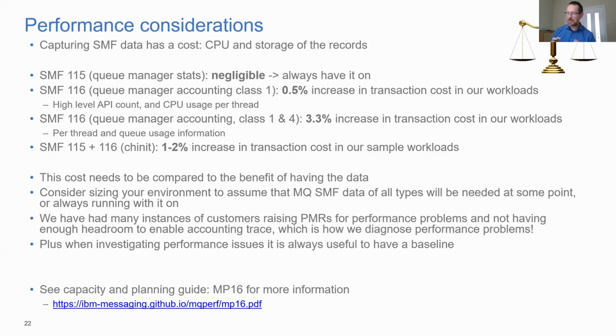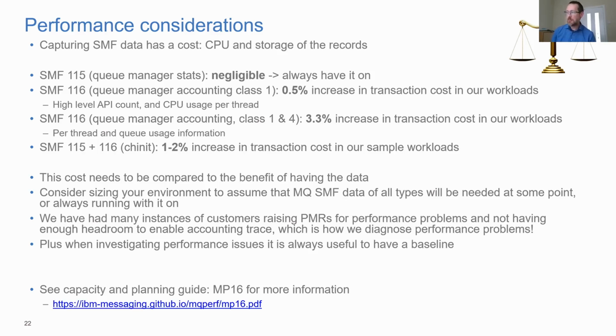The thing is, you need to bear in mind that if you don't have this data, it is often really, really hard to understand what's going on. So when sizing a system, try and bear in mind it's useful to have headroom so that, fair enough, you don't have this accounting data on all the time, but you do need to have the ability to switch it on if you do have a performance problem, because that's how you figure out what your performance problem is in most cases.